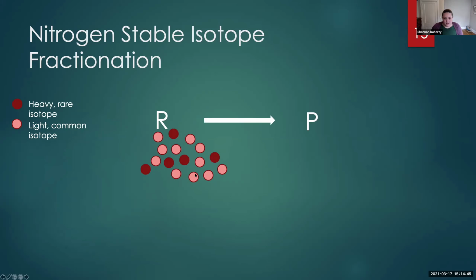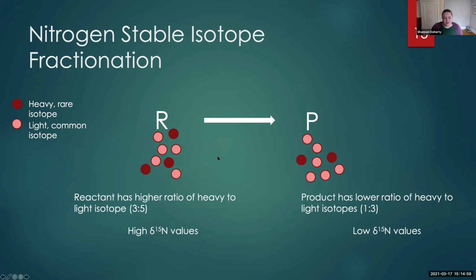When this reactant undergoes a chemical reaction that doesn't run to completion, we have more of the heavy isotope left in the reactant because the heavy isotope requires more energy to move into the product. So in the end we get a reactant that has a higher ratio of heavy to light isotope, in this case 3 to 5, and a product that has a lower ratio of heavy to light isotopes, which in this case is 1 to 3.